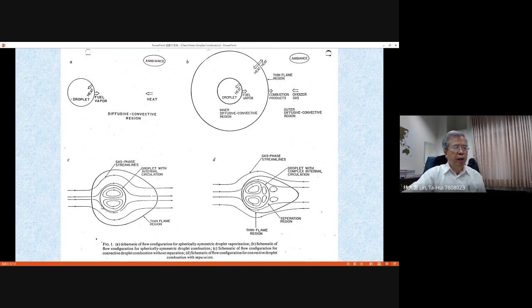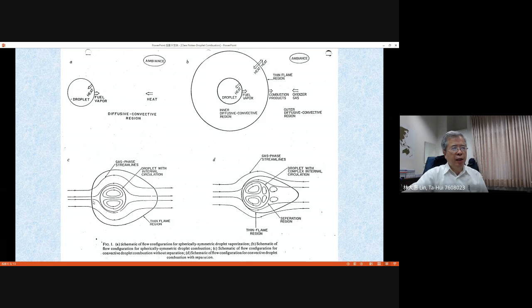From our fluid mechanics study, this is the so-called stagnation point flow, where it faces stronger flow convection, and the flow velocity will drop sharply to reach zero at the stagnation point just in front of the droplet. In this region, the diffusion flame will be pushed closer to the liquid surface.